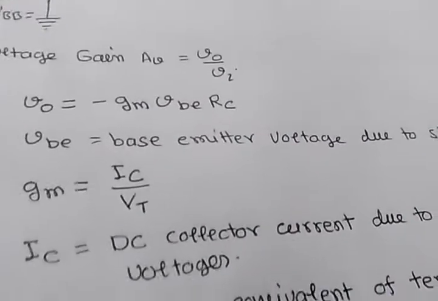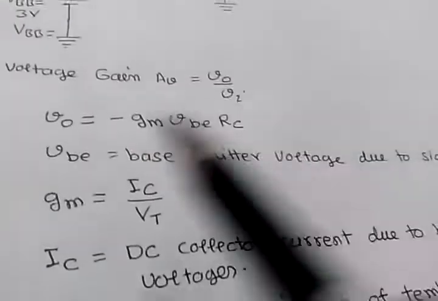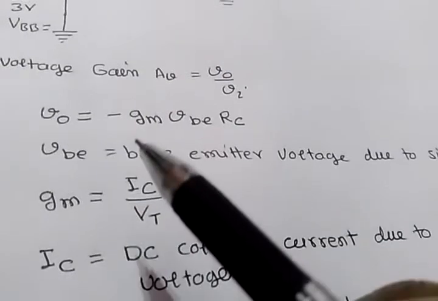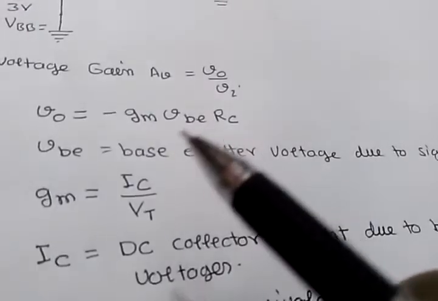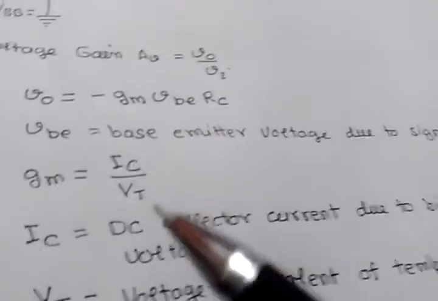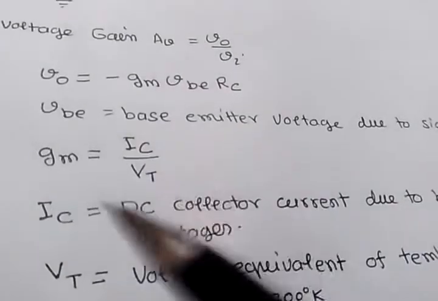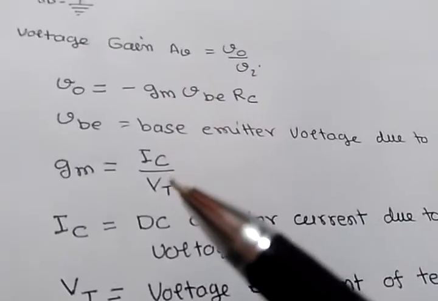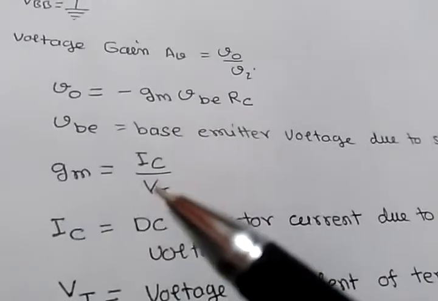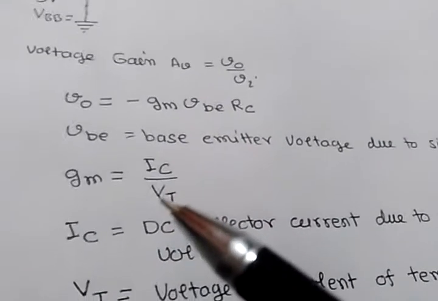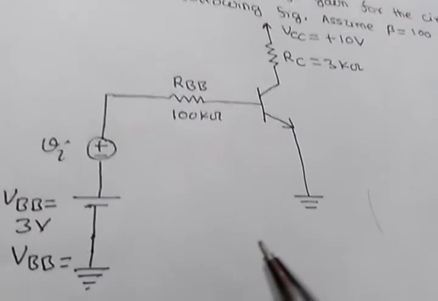So to solve this problem, we have to calculate GM and VBE, and GM equals IC upon VT. First we will calculate IC, and to calculate IC we have to perform DC analysis of this circuit.